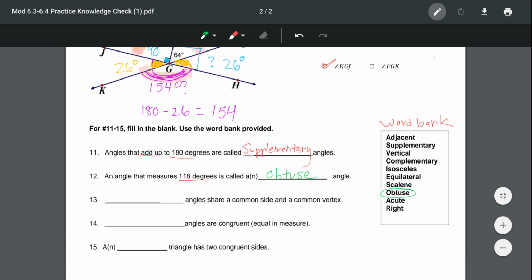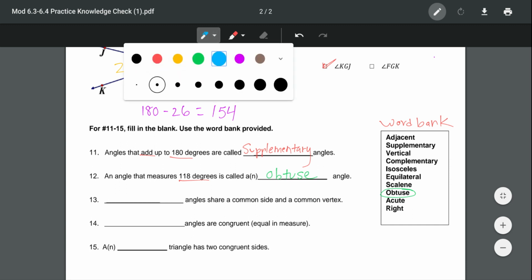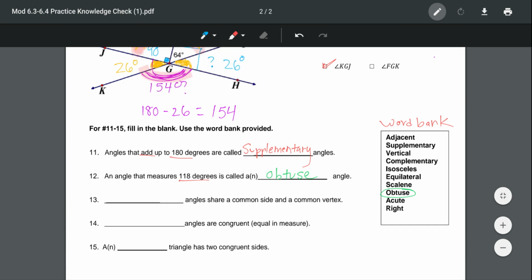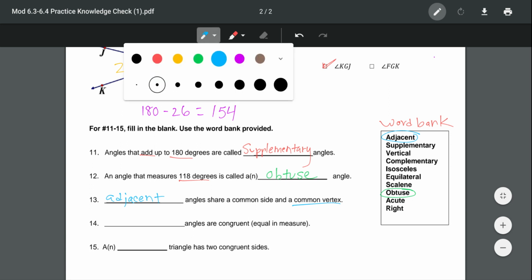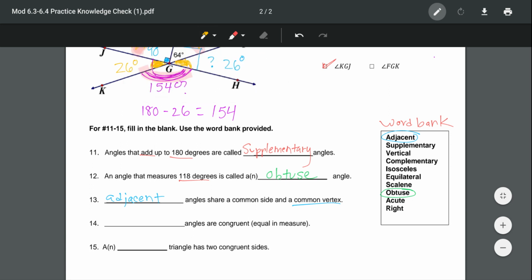Angles that share a common vertex. If they share a common vertex, those would be adjacent angles. Okay, angles that are congruent. Remember, congruent means equal in measure, so those would be vertical angles.